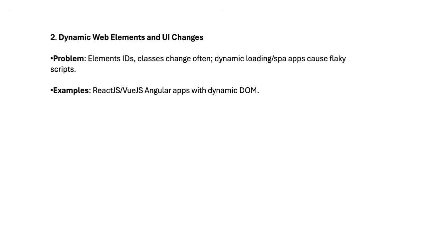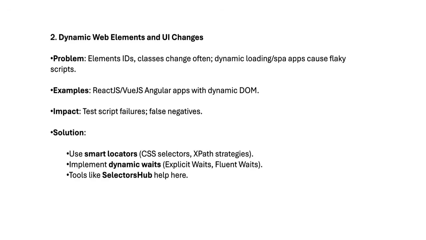So we put certain conditions, make sure that the element is visible, and then perform certain actions. Here, obviously, the impact is test script failure and false negatives because of loading issues or anything that can cause this dynamic web element issue.